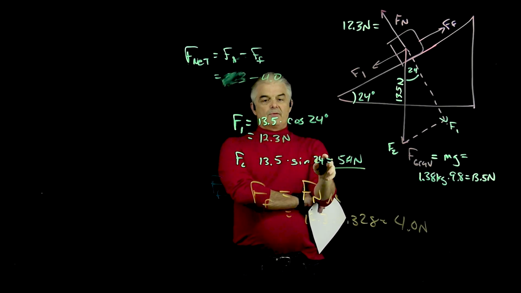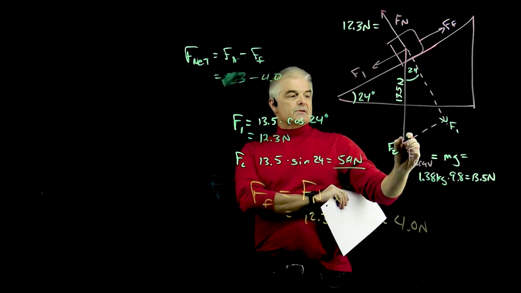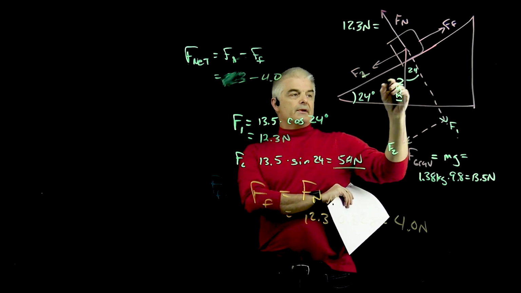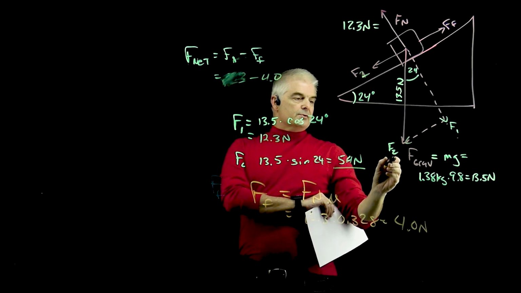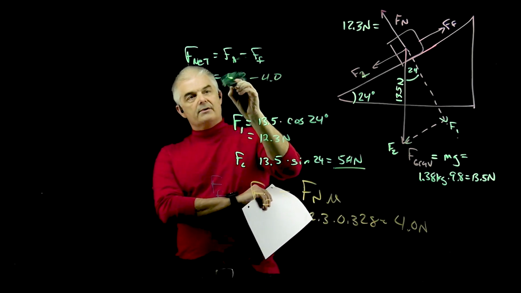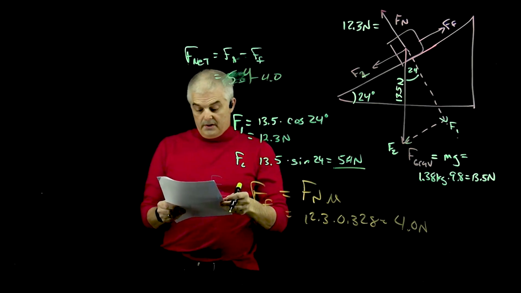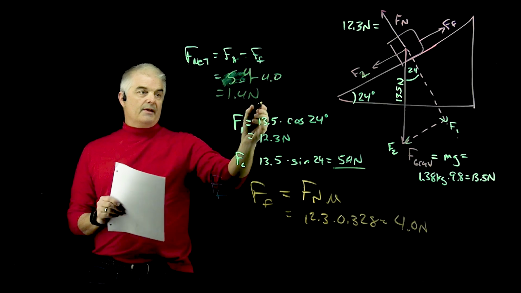F2 is 5.4. Yeah, this is not F1, or pardon me, this is F2. Yeah, F1, there we go. I got that wrong. So this F2 is 5.4. I knew I did something wrong. So 5.4 minus 4 is equal to 1.4 newtons, and that's the net force.